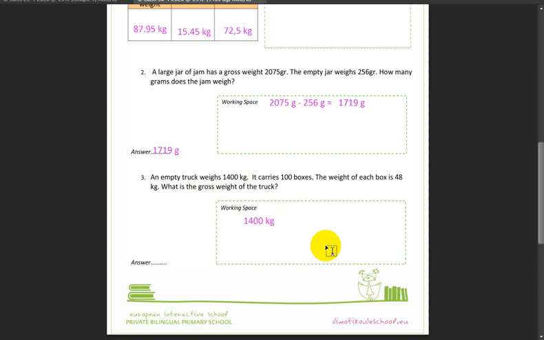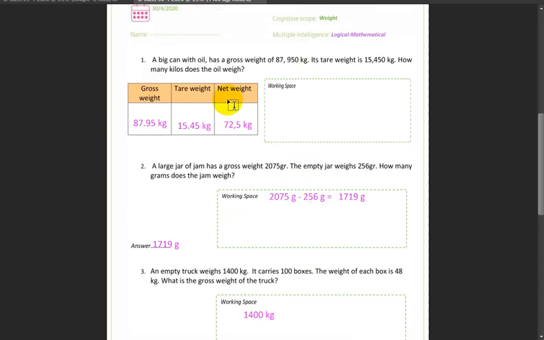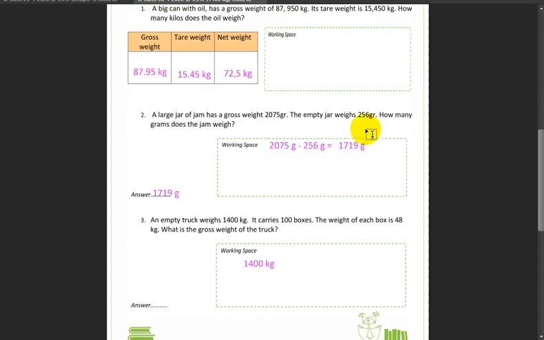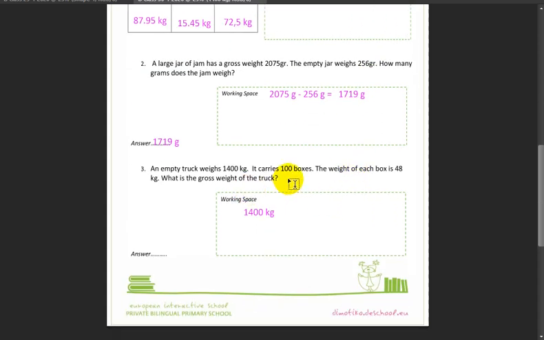Then it does something different than the previous problems. It doesn't tell us the net weight exactly. In all the previous problems, we were given 2 weights, and we just needed to figure out if we need to add or subtract and which one from which one. Here, it doesn't tell us the net weight.